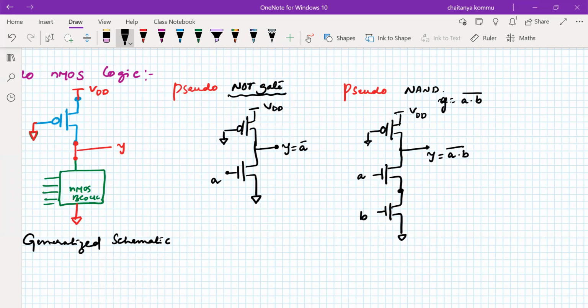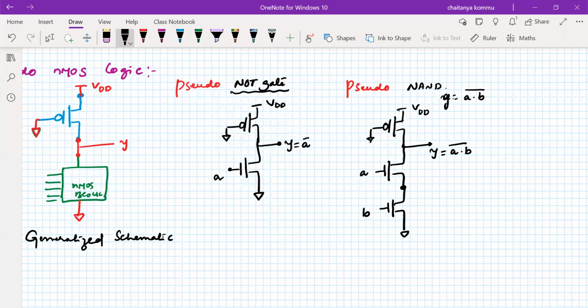But in pseudo-NMOS logic, we consider only one PMOS transistor, so we have reduced the number of transistors by one. So whatever the logic function, when compared to the basic CMOS logic, the number of transistors in pseudo-NMOS logic will be reduced.